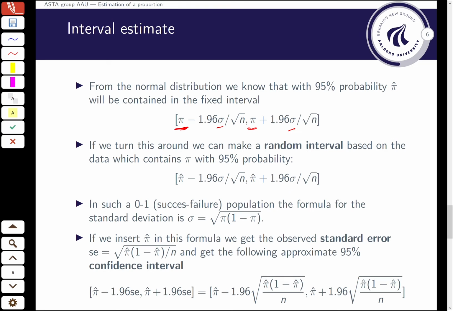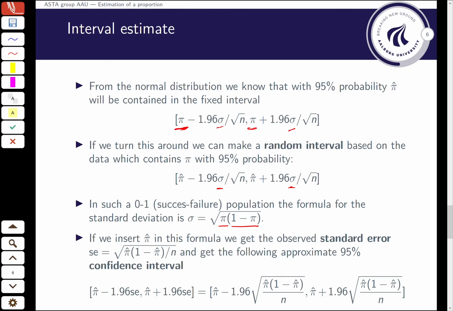And now there's only left that we don't really know what sigma is, but we have a formula for the standard deviation in the population that tells us that it's just the square root of pi times 1 minus pi. So pi is the probability of observing a girl, and 1 minus pi is the probability of observing a boy, the proportion of girls, proportion of boys.